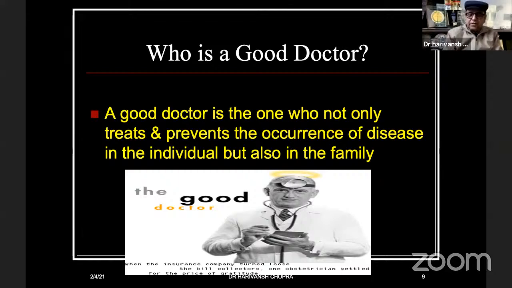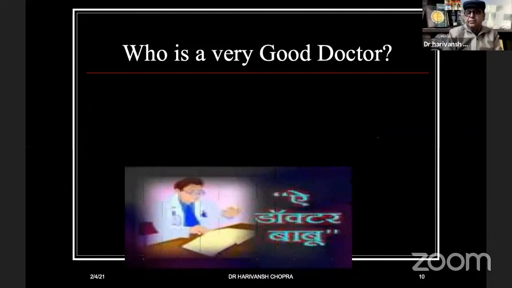Then another important question is, who is a very good doctor? We know who is a doctor: one who is healing people, curing the disease as well as the individual. A good doctor is one who is curing the disease and the individual as well as preventing the occurrence and recurrence of the disease in the individual as well as in the family.